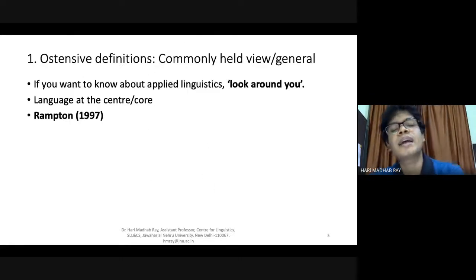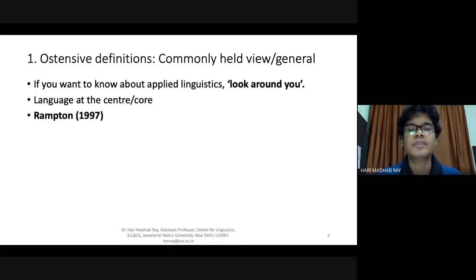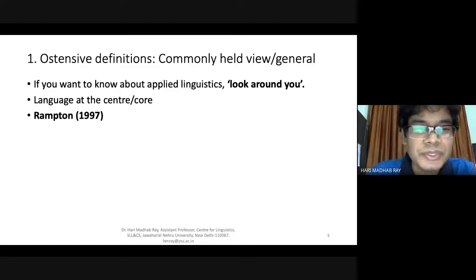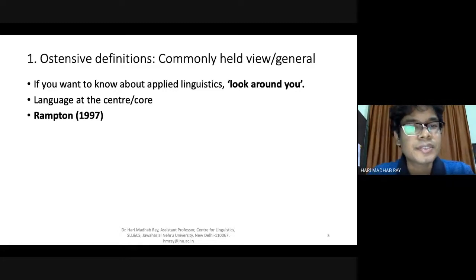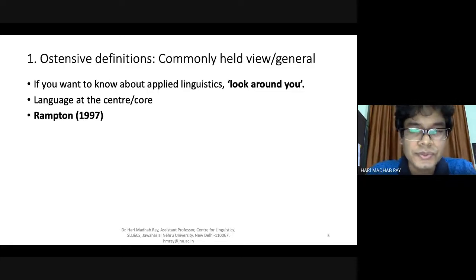Again, I told you in the last class about the broad view of applied linguistics, and this is where Rampton said that if you want to know about applied linguistics, look around you. Language is at the center or core of human lives and existence.